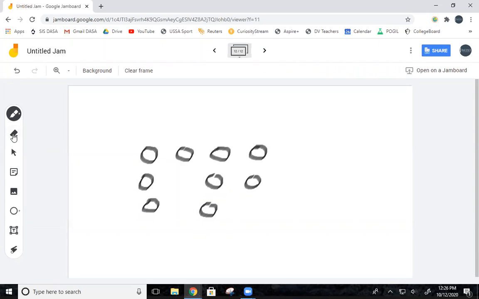So in a substitutional alloy, you end up with, they just replace each other in the lattice.